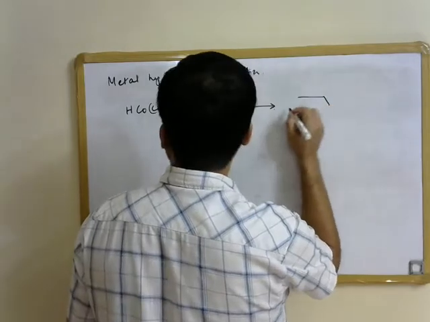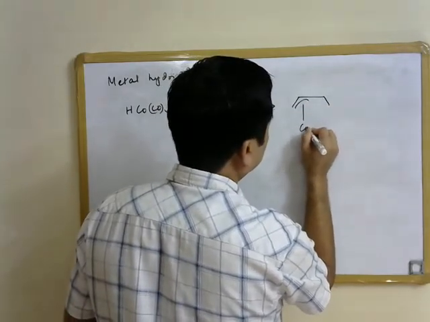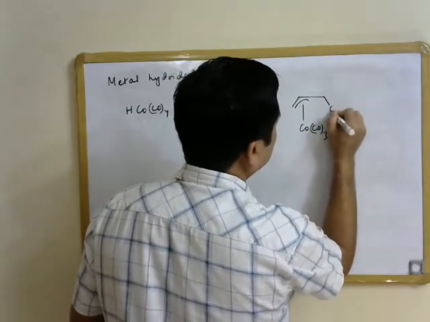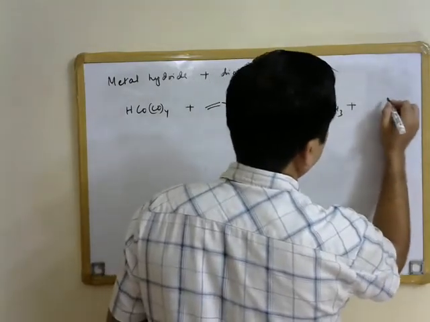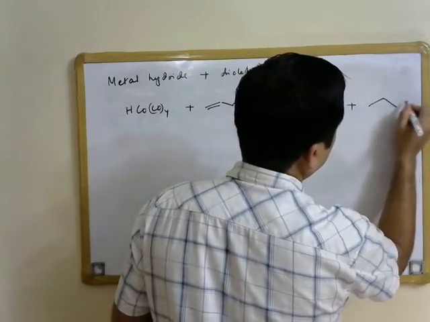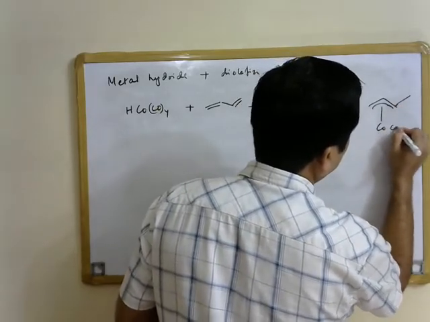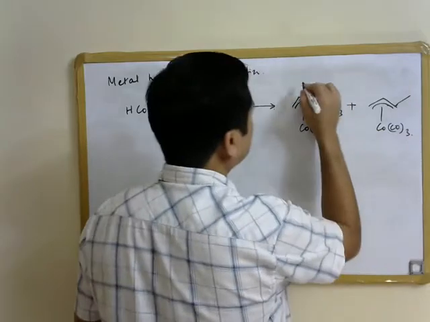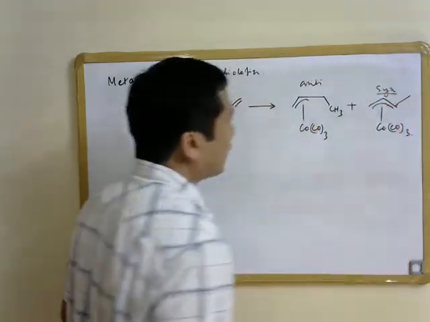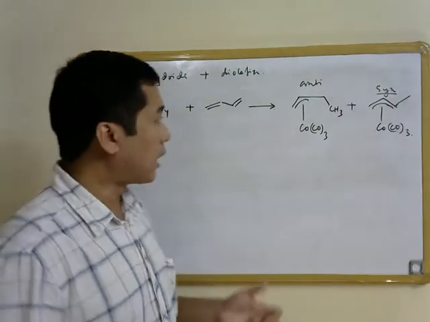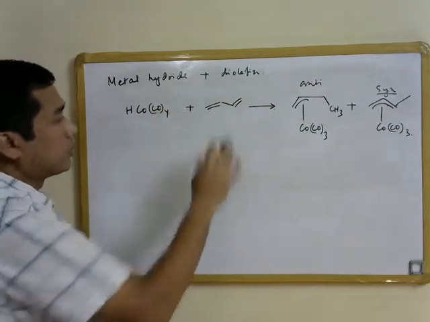In one case, this is CH3, and the other one is different. So this is the anti isomer and this is the syn isomer, and both these isomers are formed during this reaction of this metal carbonyl hydride with the diolefin.